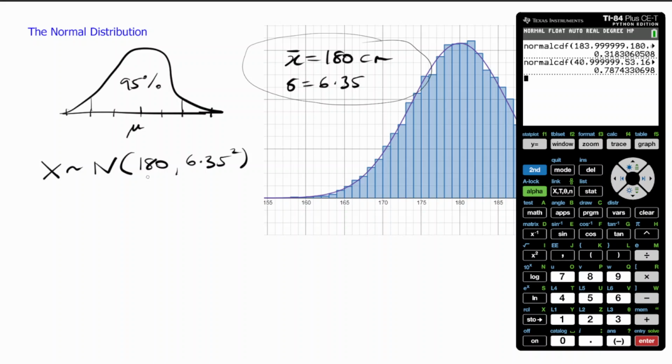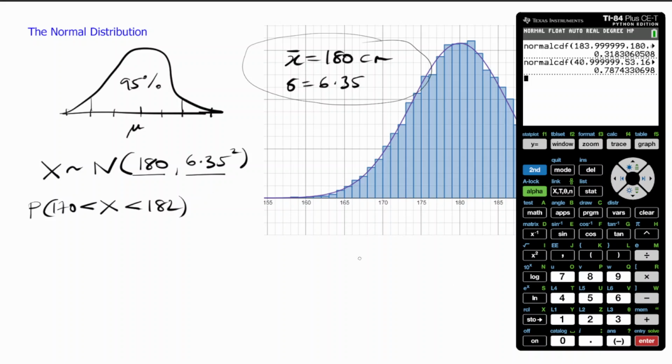But anyway, all we need to know is what is the mean and what is the standard deviation, then we can work out any probabilities we want. So for example, if I want to work out the probability that somebody's height is between 170 centimeters and 182 centimeters, that's how you would write your working out.